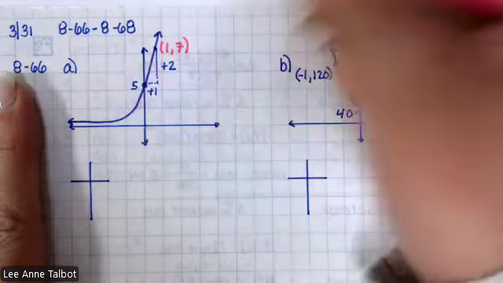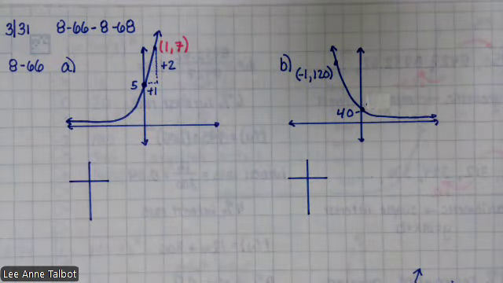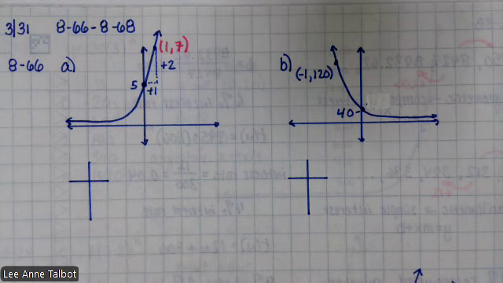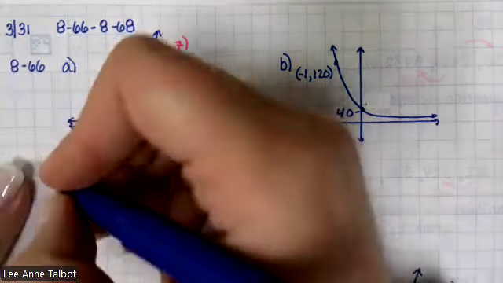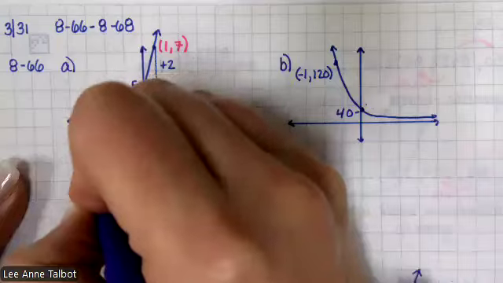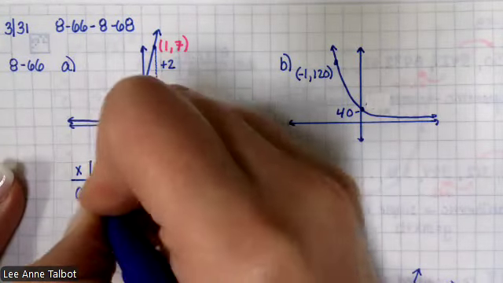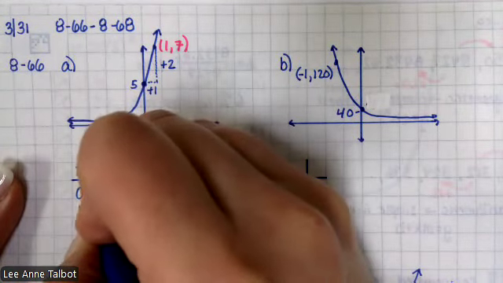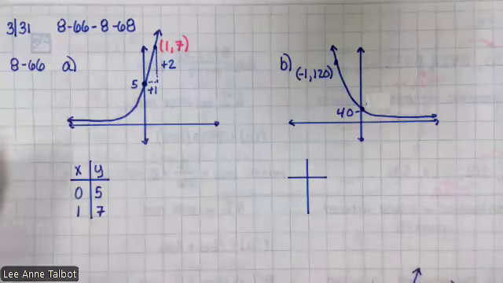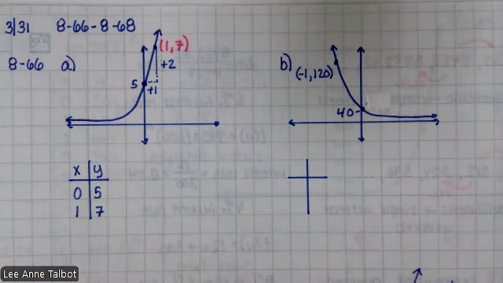And I'm going to write it in pink because I want you to see that I did not have that when I first got to the problem. I had to figure that out. And so for the table, I have 2 points. I have 0, 5, and 1, 7.